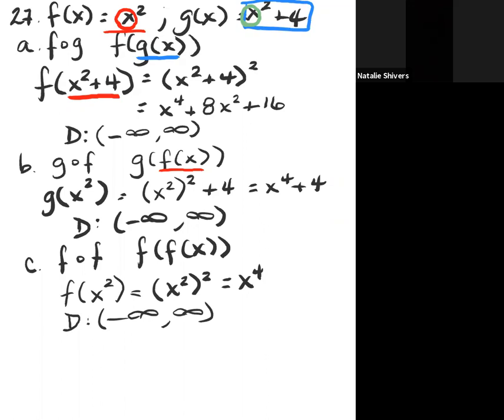All right, I'm going to go to the new page for the last one on this set. g of g equals g of x. So I get g of x squared plus 4.